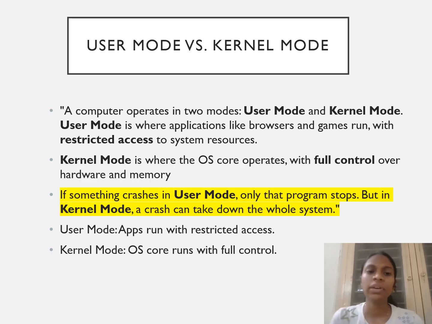Coming to the next slide, we have user mode and the kernel. A computer generally operates in two modes, user mode and kernel mode. User mode is where applications like browsers and games run with restricted access to system resources. Kernel mode is where the OS core operates with full control over hardware and memory.